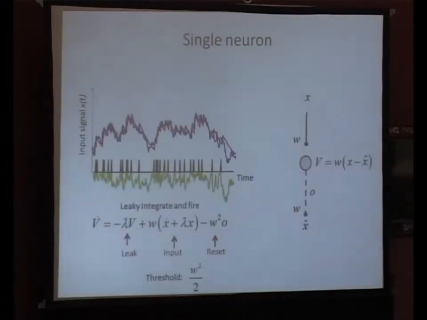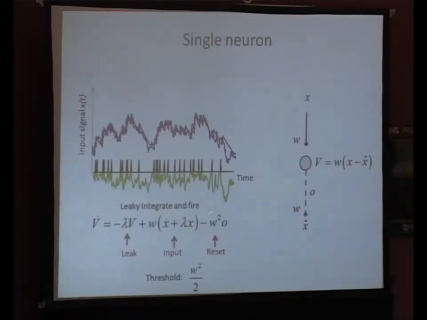And the reason why it's really simply an integrate and fire neuron is that if you look at the temporal derivative of the membrane potential, v dot, you find that it's simply obtained by applying a leak term here plus the feed-forward input corresponding to the variable x we want to represent, or more exactly, it's x dot plus lambda x, right?